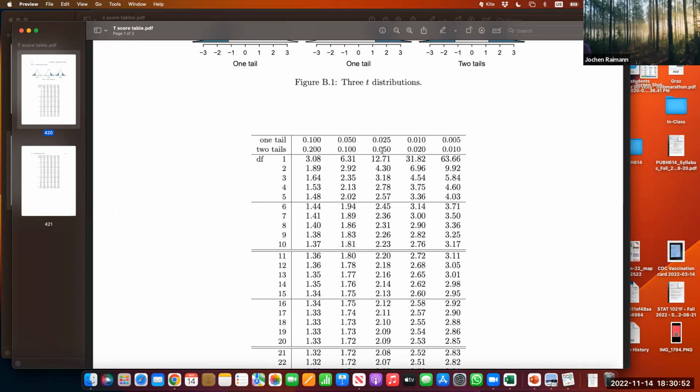Whereas on one tail, it's only on one side, but it's doubled, it's stacked up, this alpha, if you have an alpha of 5%. So if we go now from a p-value of 5%, and we're finding our degrees of freedom, which for a sample size of 5 is essentially 4, our critical t-value would be 2.78.